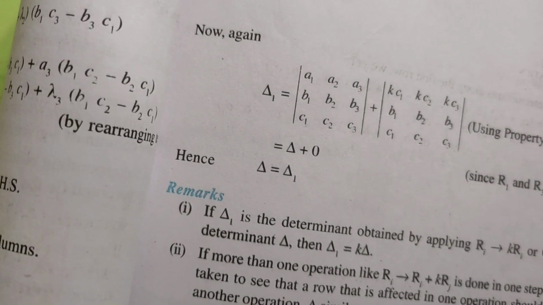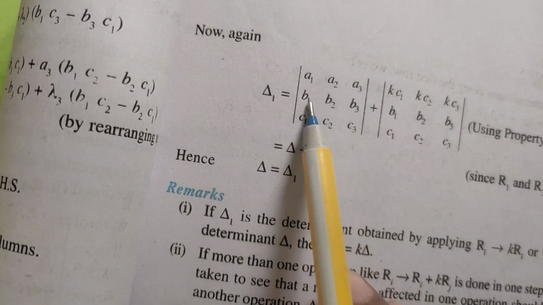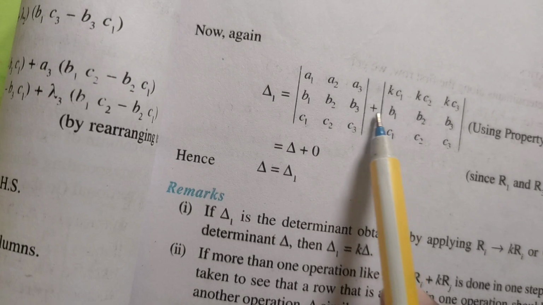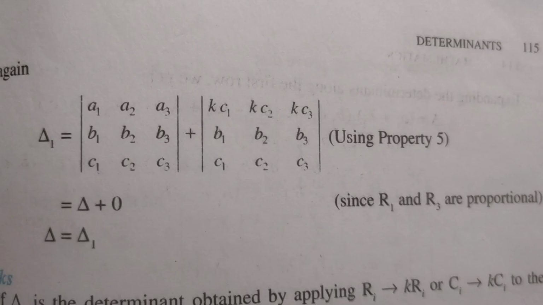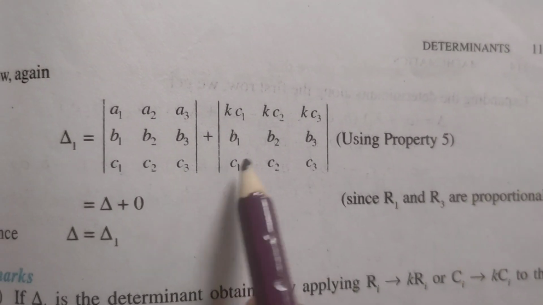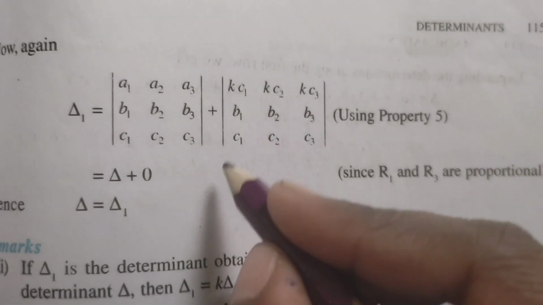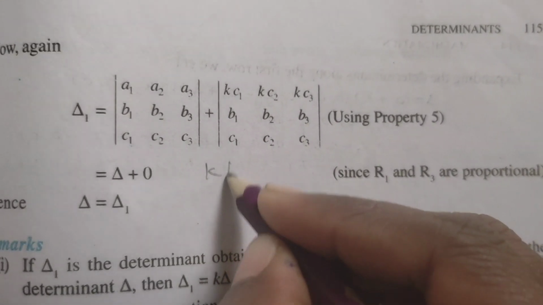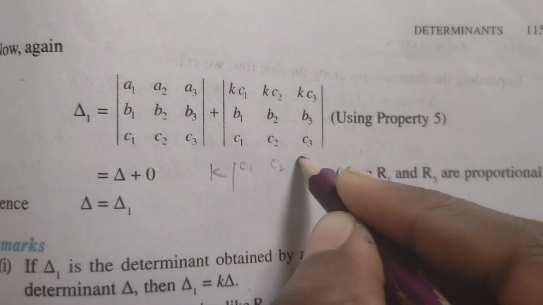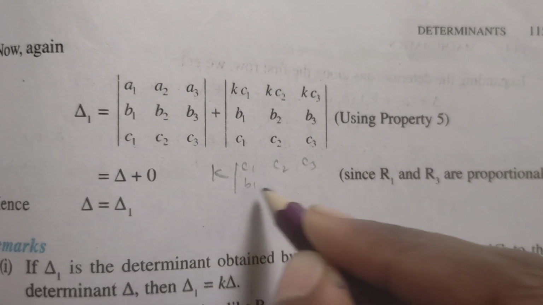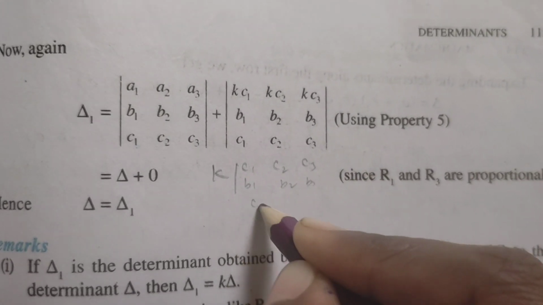We can split and write it. So a1, a2, a3, b1, b2, b3, c1, c2, c3 plus kc1 in such a way. Now this determinant can be written like k into the determinant of c1, c2, c3, b1, b2, b3, c1, c2, c3.